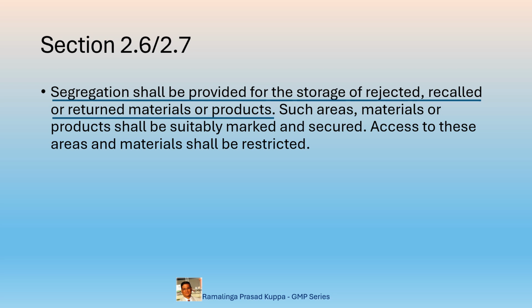Access to these areas and materials shall be restricted. The floating system, as described in subsection 2.4 above, is not acceptable for these materials. There should be separate areas restricted under the lock and key system. This is the prescription of subsection 2.6.